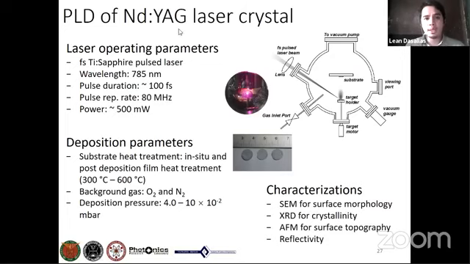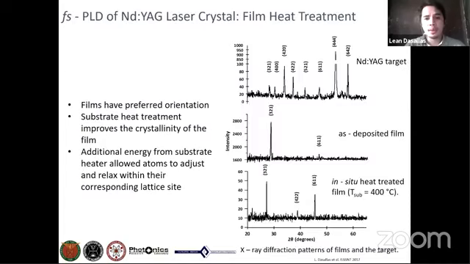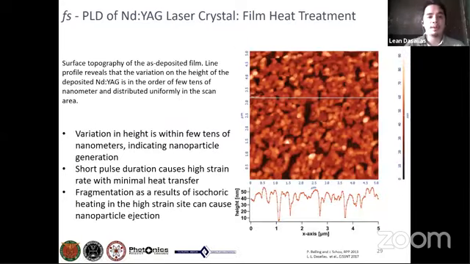And in this case, we used Nd:YAG laser crystal as our target for the deposition. So this is the X-ray diffraction pattern, and we see that the produced film has a preferred orientation in this direction, and the structure can be improved by application of heat treatment.